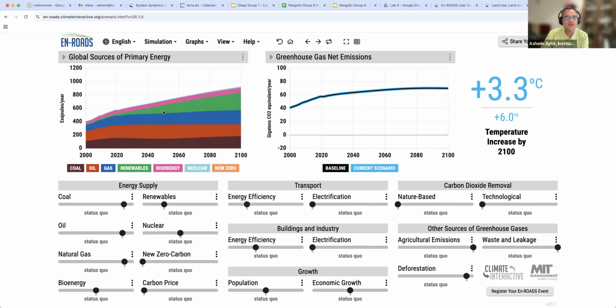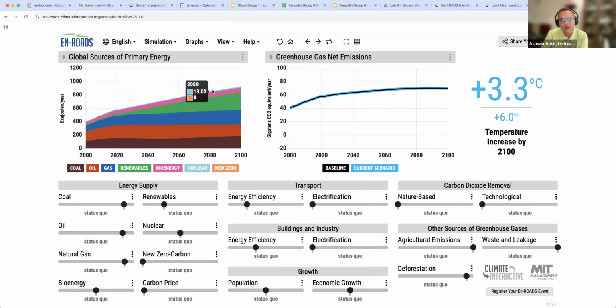Now, the good part here is this green wedge, which is renewables. You can clearly see that increasing a fair bit through the rest of the century as well, which is great, which is what we want a lot more of. Up here is bioenergy, and again, not a lot of growth in that, but it remains pretty much at whatever amount we're currently using. There's nuclear, which you can barely see. It's a small amount.